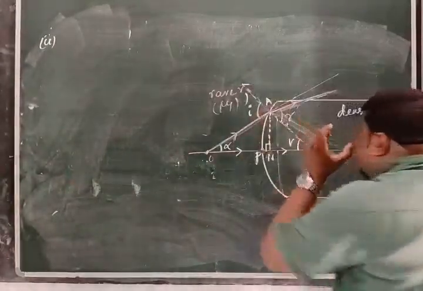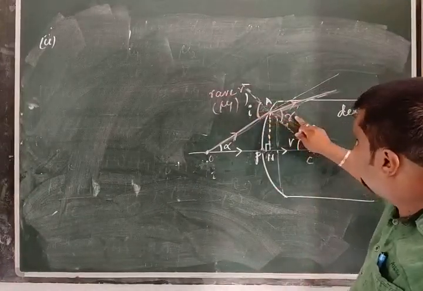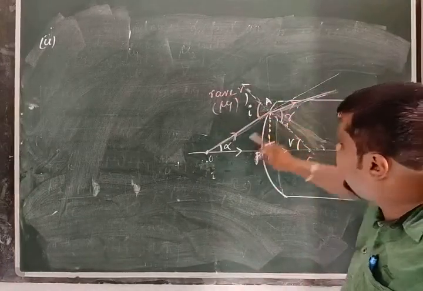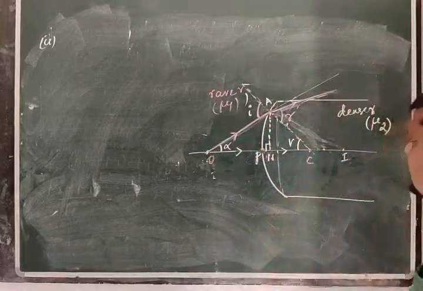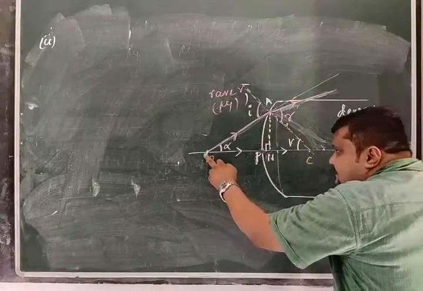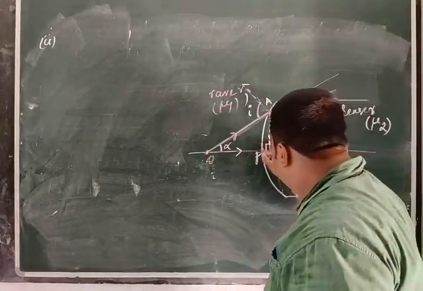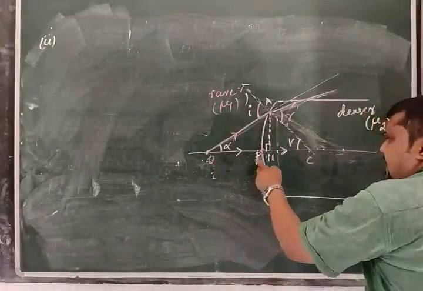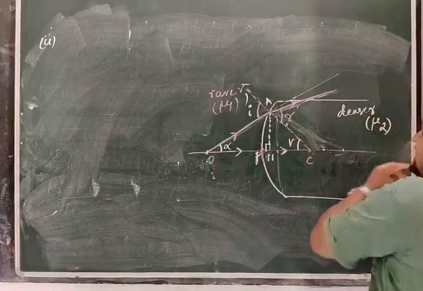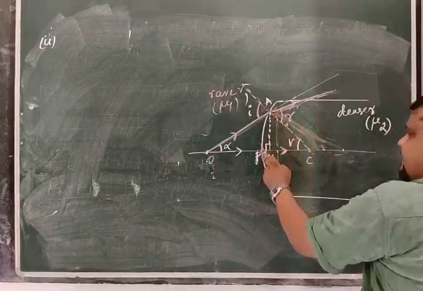But here the incident angle is larger, so the refracted angle is larger. So this is one refracted ray, OA, refracted along this direction. Now another incident ray, OP, goes along this direction, so OP after refraction goes along PC.